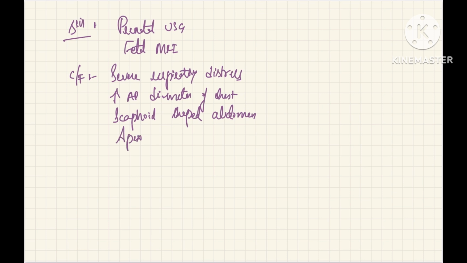The apex beat is shifted because of the cardiac malposition. There will be decreased air entry because of lung hypoplasia, and there will be bowel sounds in the chest. These are the clinical features seen in congenital diaphragmatic hernia.